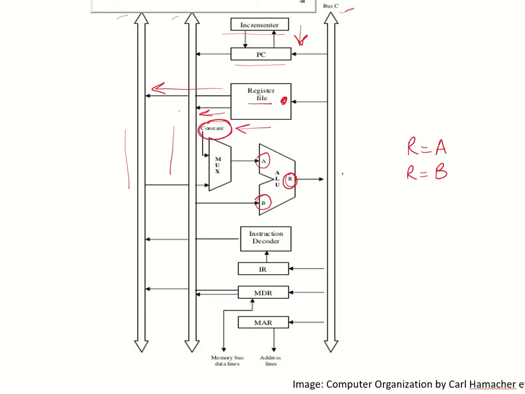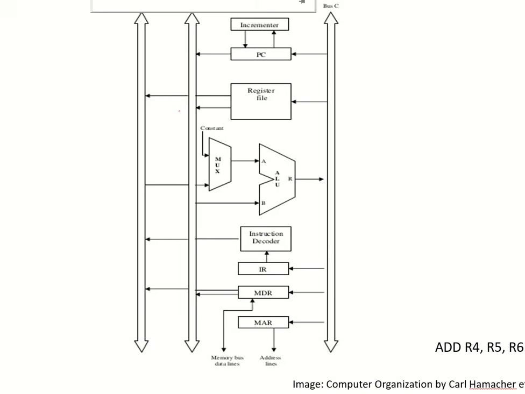Let us take an example and see how this multiple bus organization can be used to execute the instruction ADD R4, R5, R6. In the first step, the contents of the program counter will be put onto bus B, from where they will be available at the input of the ALU.